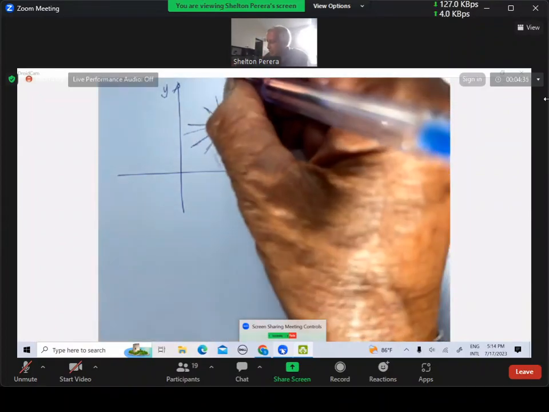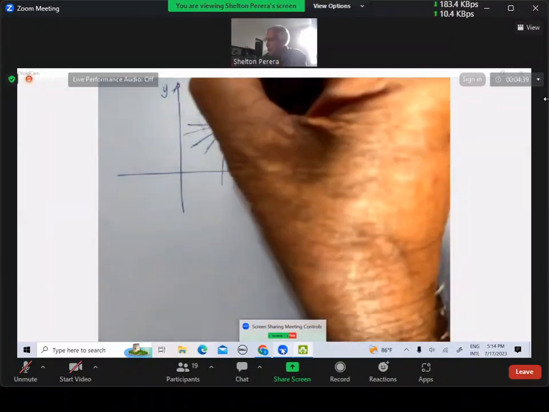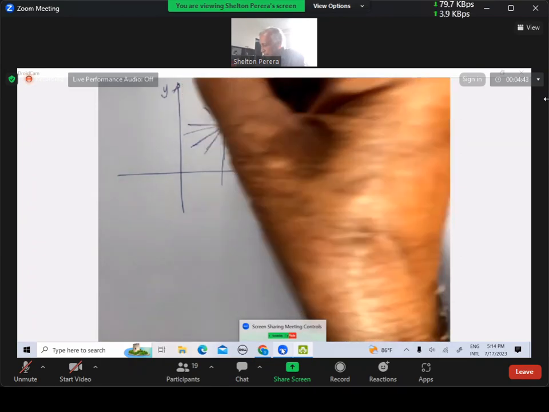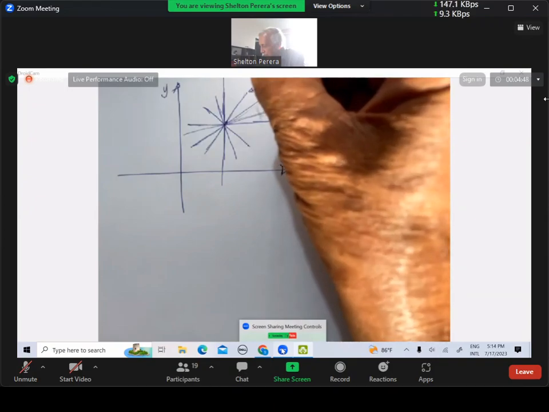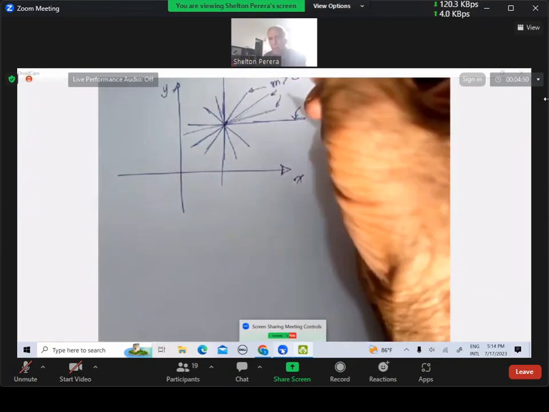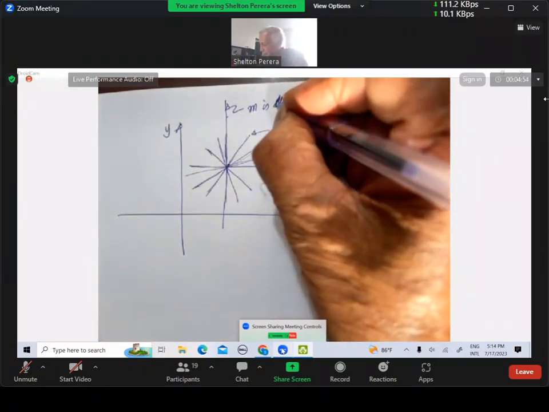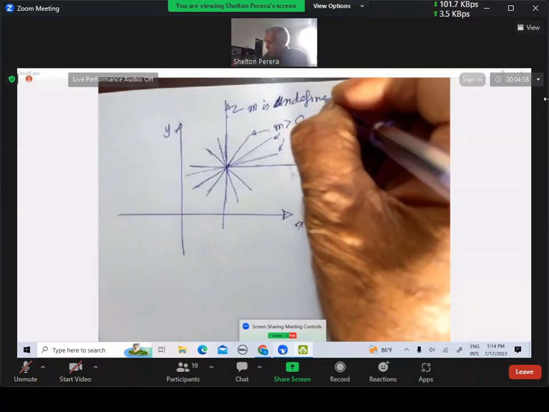Vertical line, what is the slope? Vertical line, slope is undefined. M is undefined for the vertical line.